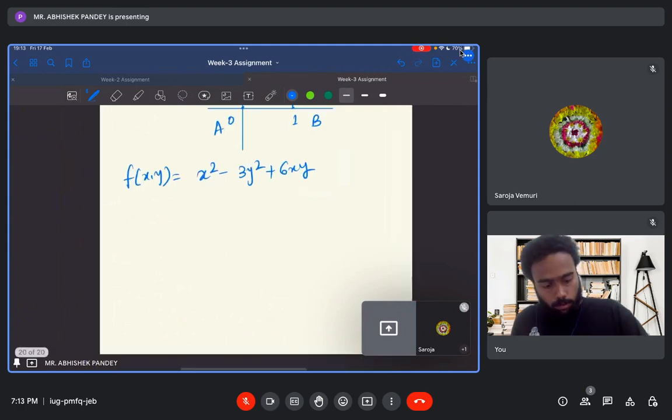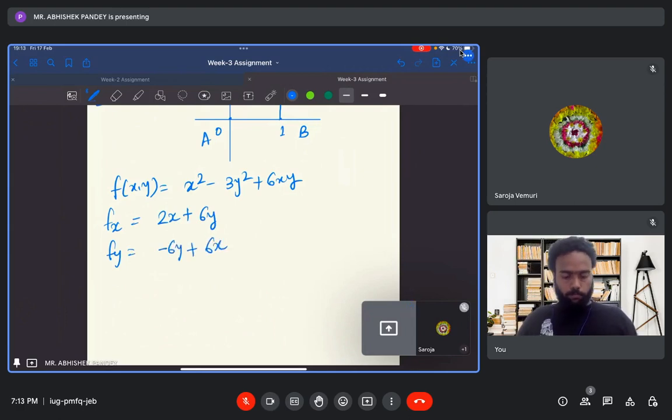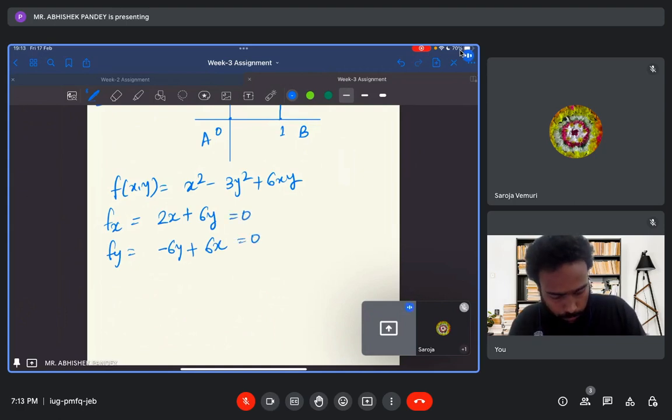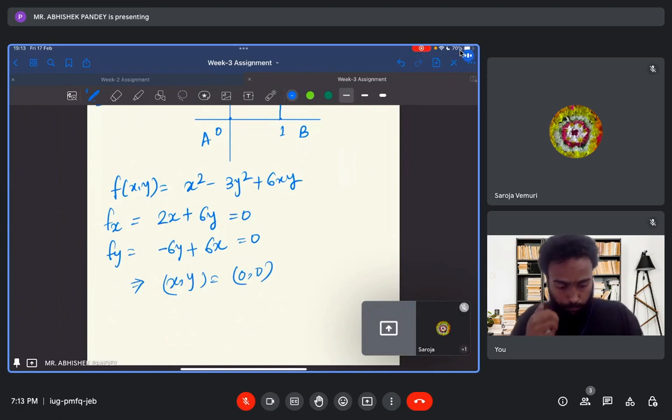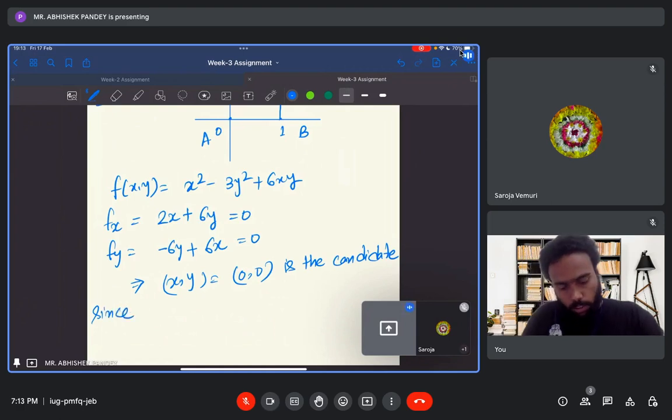So fx is equal to 2x plus 6y, and fy is equal to minus 6y plus 6x. Setting both to 0 gives x comma y equal to 0 comma 0, which is the candidate. And 0 comma 0 is a boundary point.